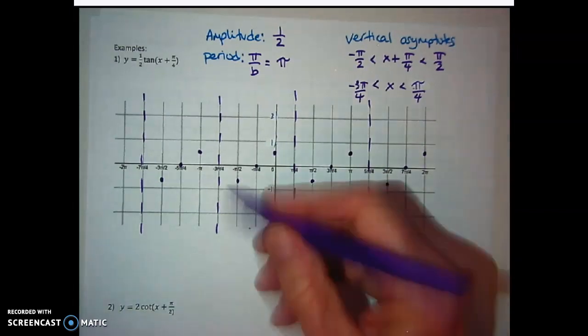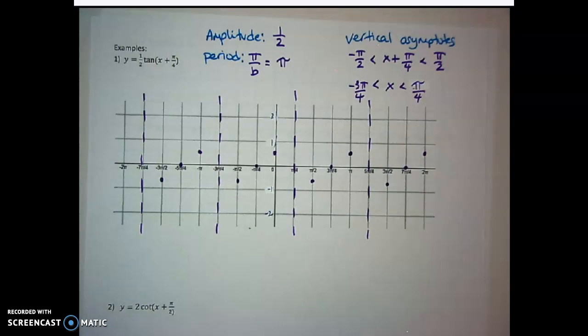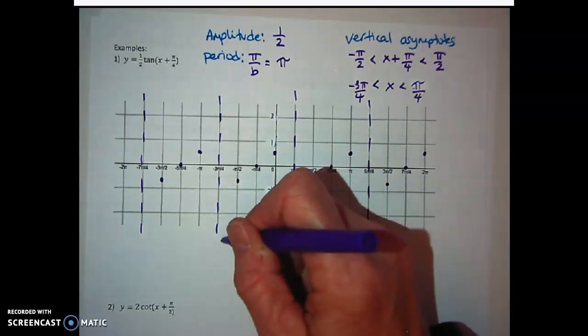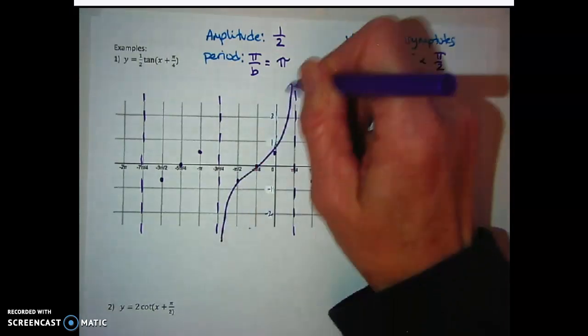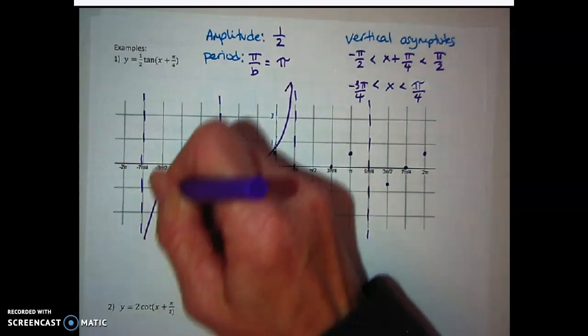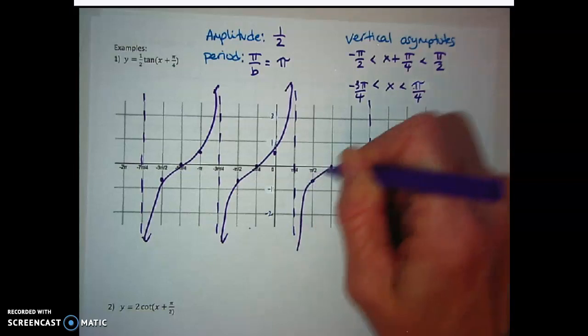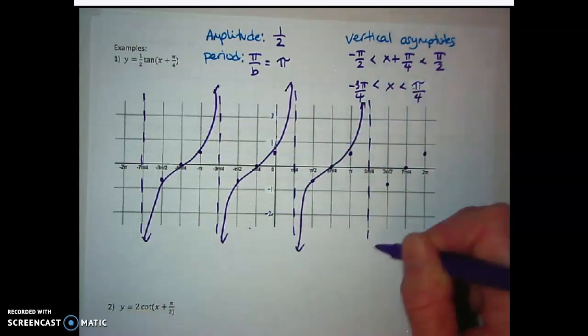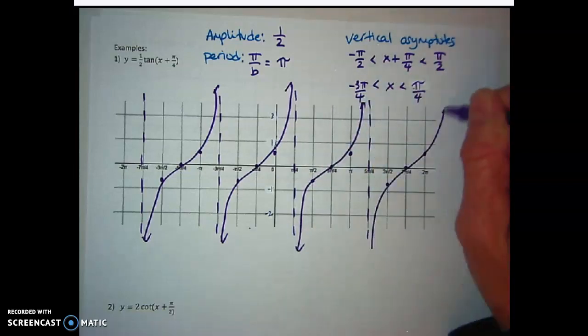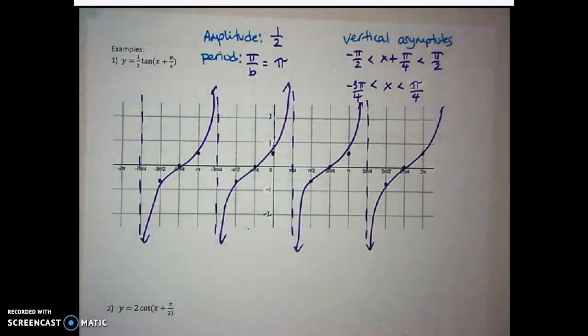After I get those 3 points graphed, and with the help of my asymptotes, I can draw in the tangent swoop. And there you have the 1/2 the tangent of x plus pi over 4.